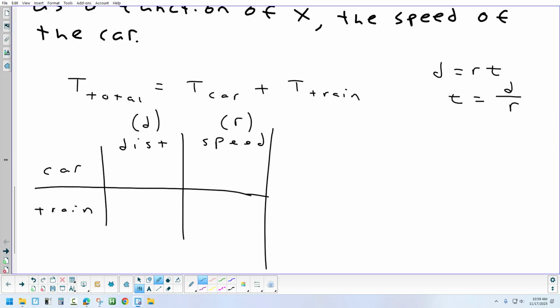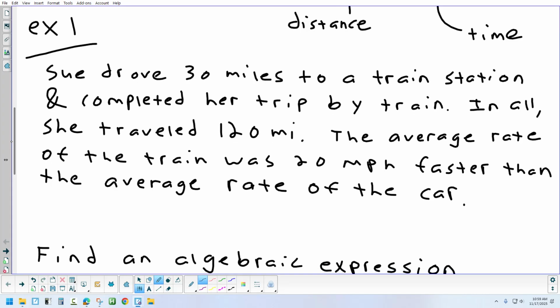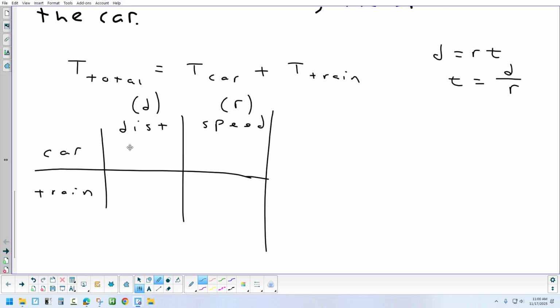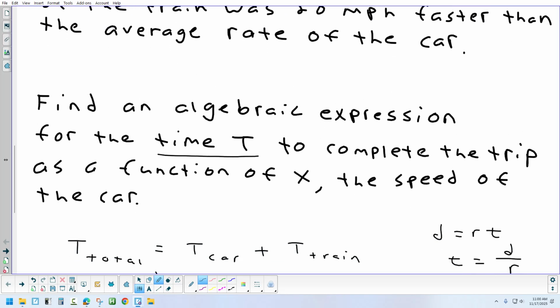All right, let's start with the distance that she travels by car. Do we know that? Yes. What's the distance she travels by car? 30 miles. Let's look at the speed. We might not know a number for the speed, but did they tell us a way to represent the speed?